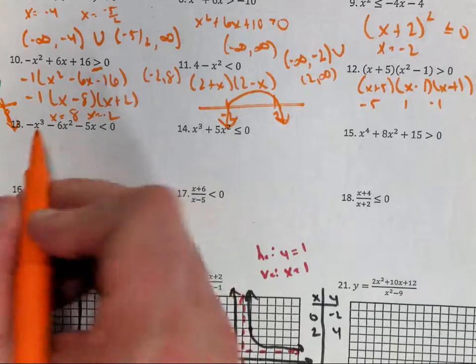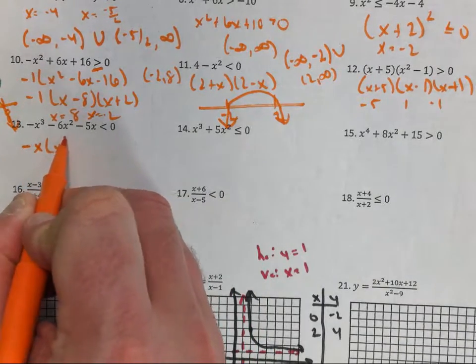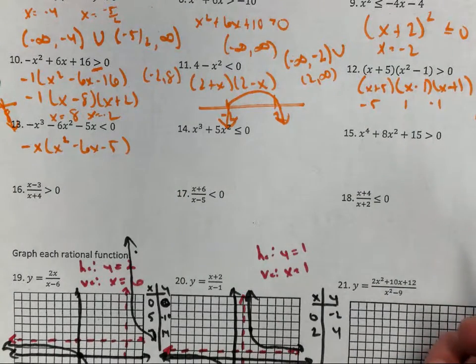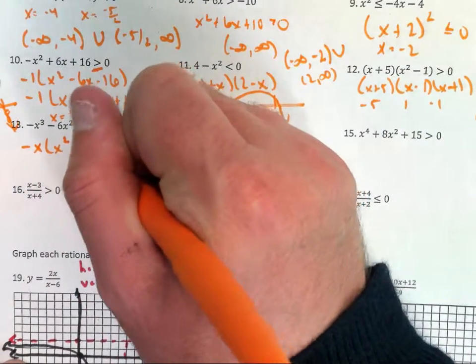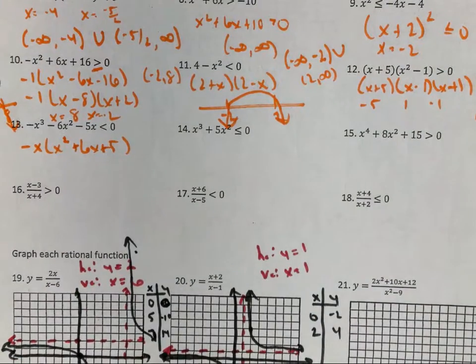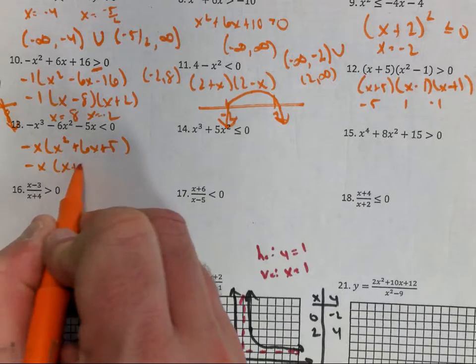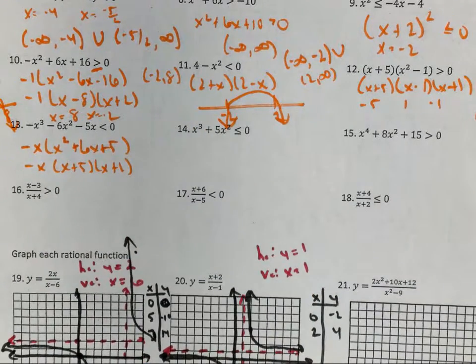Number 13. What am I going to take out first? A negative x, so that leaves a positive, sorry. So x squared plus 6x plus 5. Now I'm going to factor that down to positive 5 and positive 1.